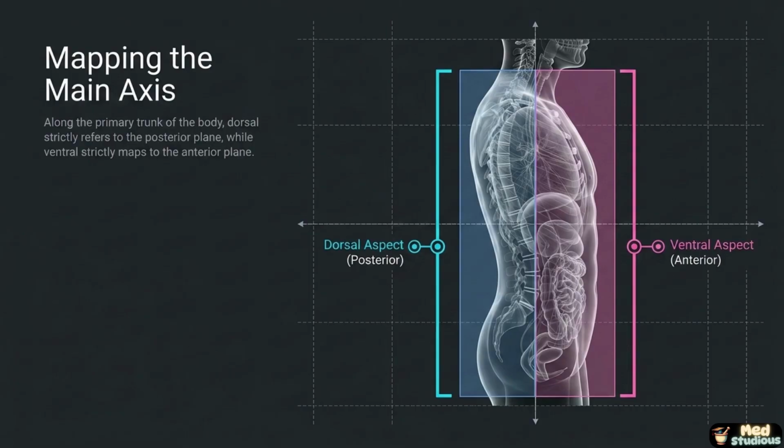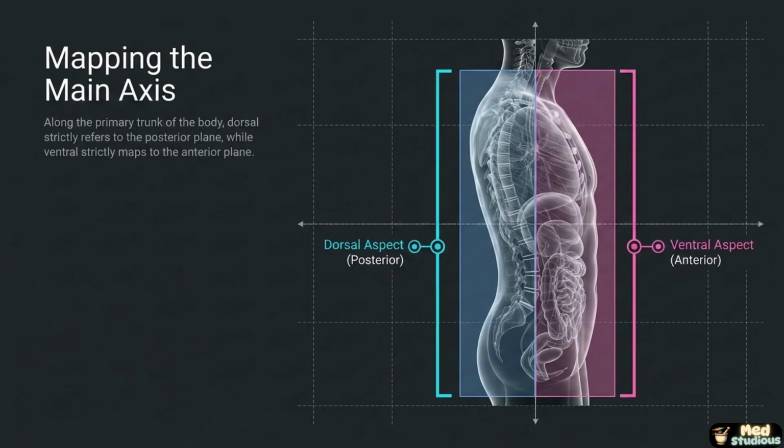Along this primary axis, dorsal strictly and exclusively refers to the posterior plane. That's the back surface, where you find the spine, the erector muscles, the scapulae, and the posterior thoracic wall. Ventral, meanwhile, maps precisely to the anterior plane. That's the front surface, housing the sternum, the abdominal wall, and all the organs of the gut cavity.